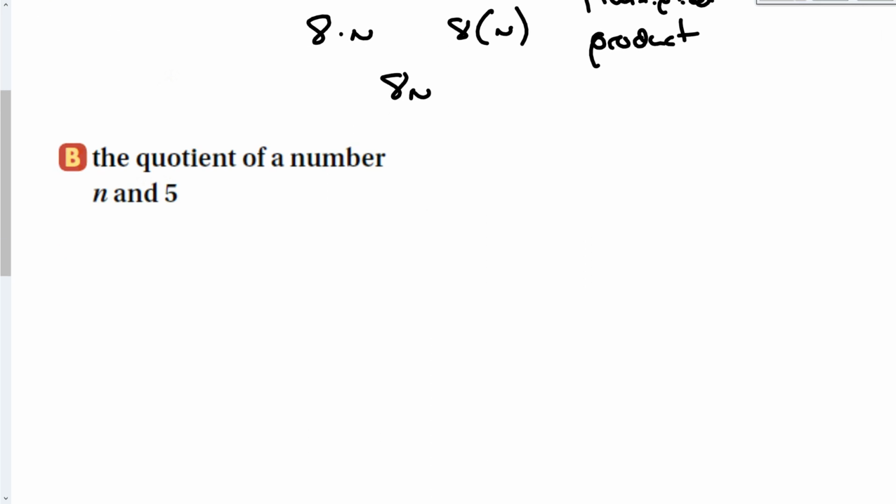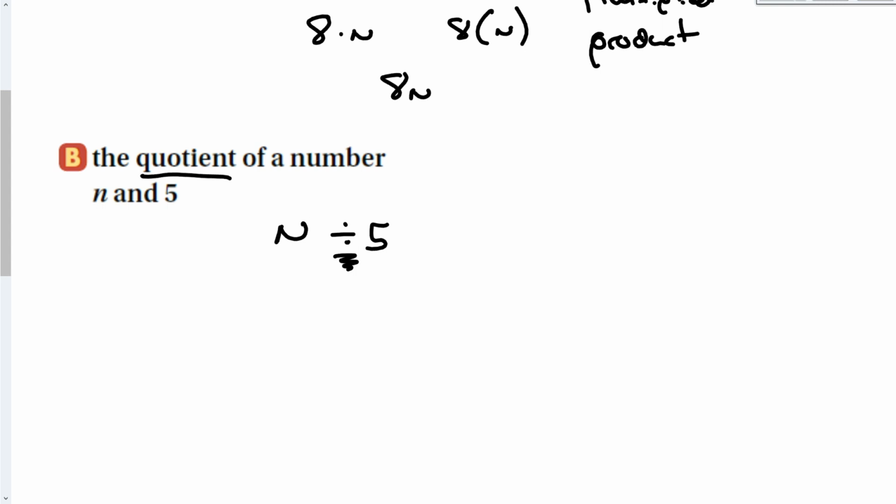Part B, the quotient of a number n and 5. So now, quotient, we're going to be talking about division. So we can say n divided by 5. But again, that symbol can be a little bit confusing when we're writing a long expression.